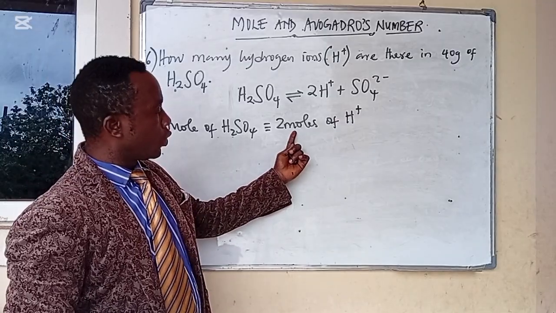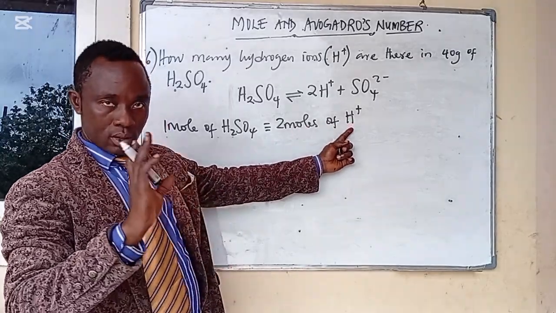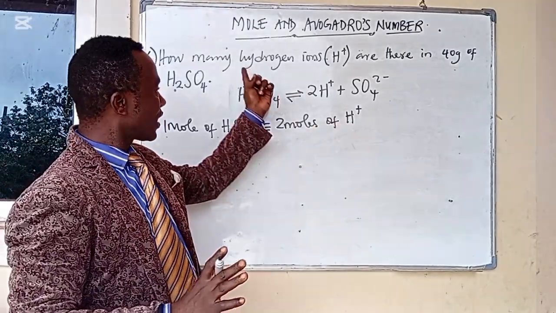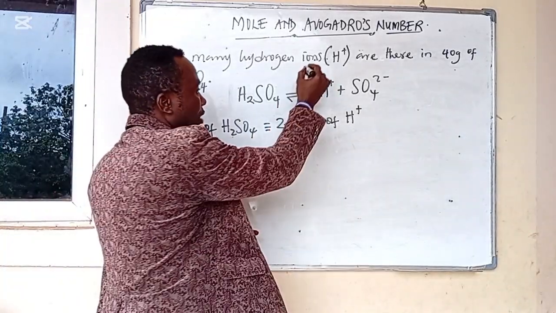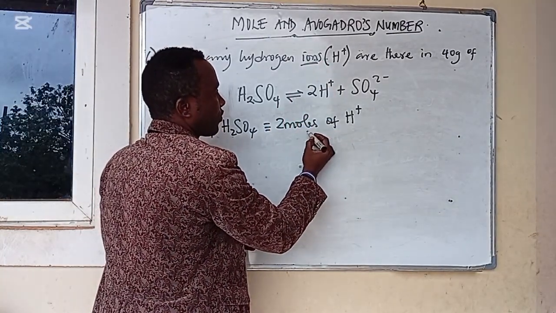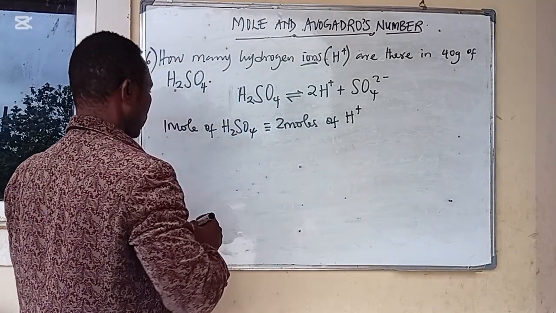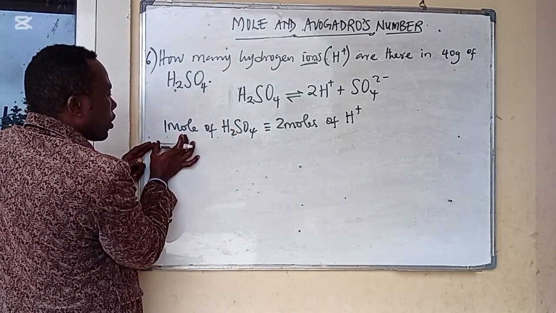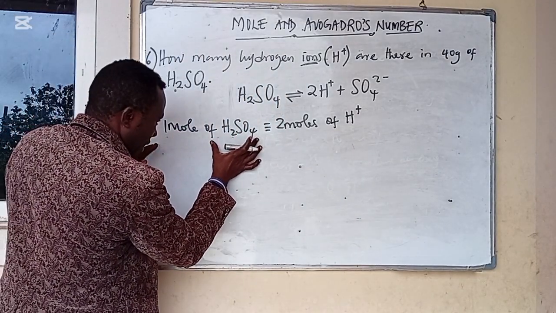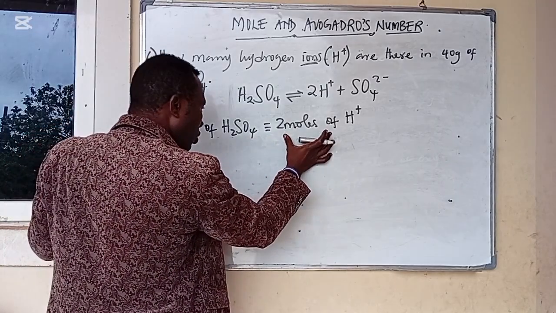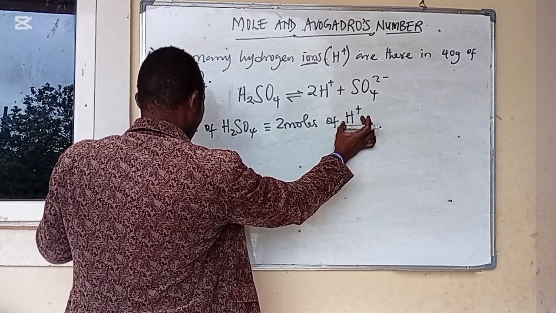It is not moles of hydrogen ion that we want to calculate. They say how many hydrogen ions, not moles of hydrogen ion. So 1 mole of this acid will give you 2 moles of hydrogen ion.